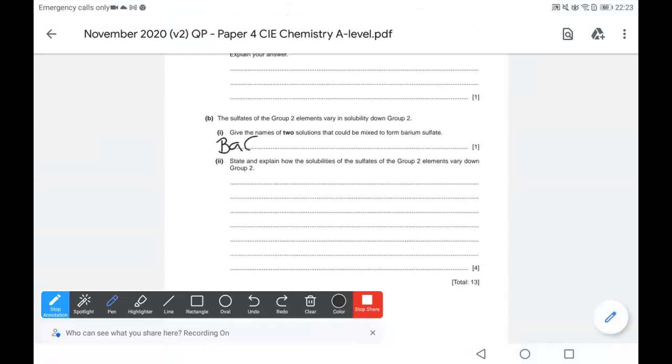Barium nitrate (aq) with sodium sulfate.